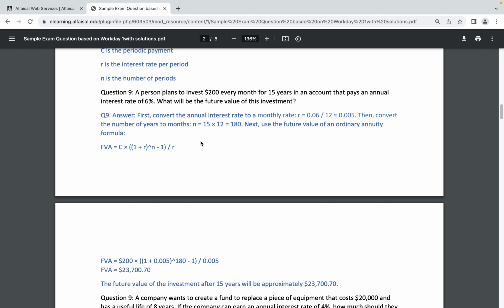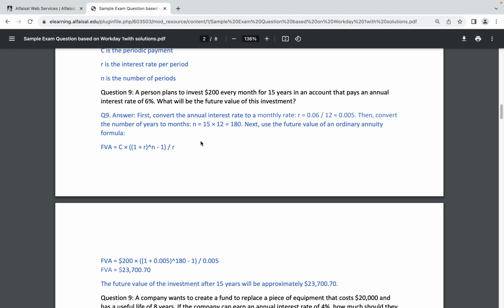I need to take into account the payments when they occur, because each of those payments gets a little bit more interest than the payment that follows it. January will earn a little bit more interest than the payment made in February, which will earn a little bit more than the payment made in March, and so on. So it's very important that you drill down to the actual periods in which the payments are made.